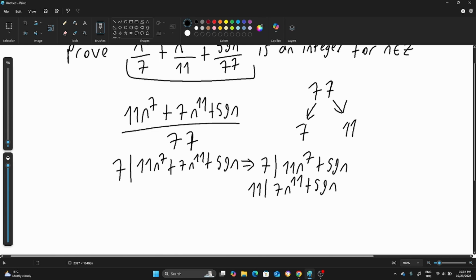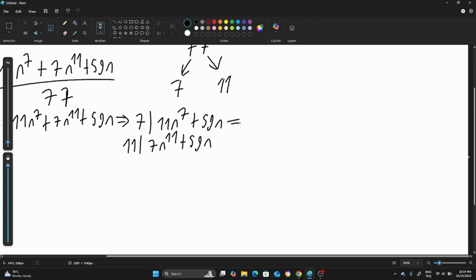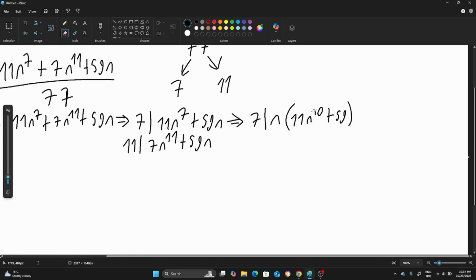Here, let's take the 7 case, right? And we can say 7 divides n multiplied by (11n^10 + 59). Yep, it's actually going to be 6, right? Yeah, 6. This implies that 7 either divides n or divides this expression.